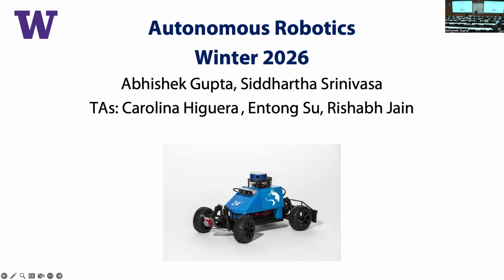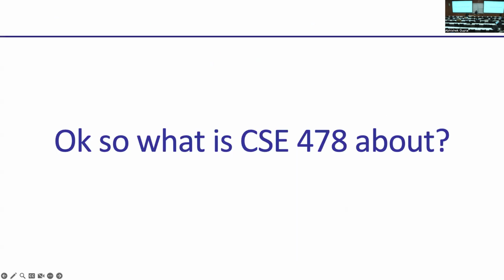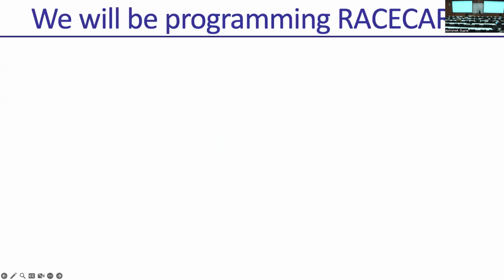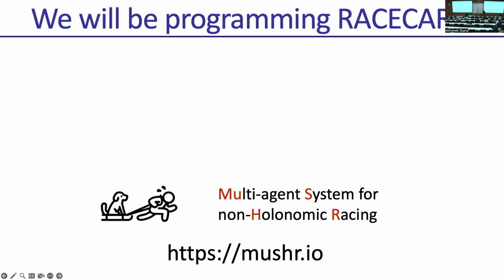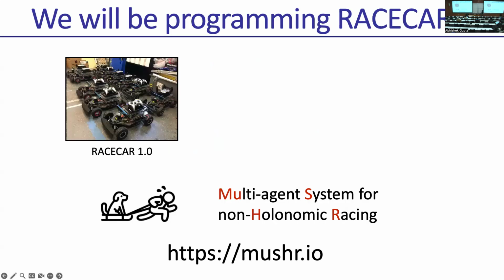So the question is, what are we going to do in CSE 478? You've seen some description on the website, but what we really want to do is program race cars. We want to teach you how to program autonomous robots. Specifically, we're going to be operating on this platform called the Musher platform, the multi-agent system for non-holonomic racing. It's basically a souped up race car.